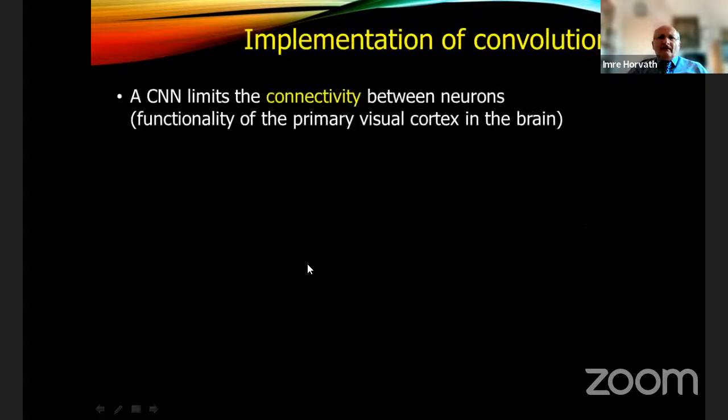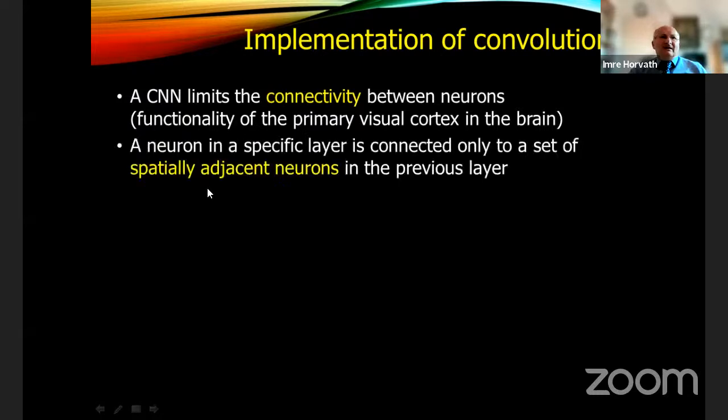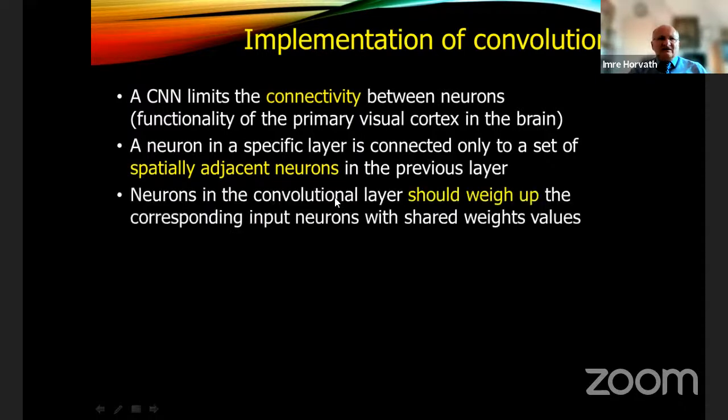Implementation of the convolution needs to define specific connectivity between the neurons, and this connectivity tries to mimic the functionality of the primary visual cortex in the brain. A neuron in a specific layer is connected only to a set of spatially adjacent neurons in the previous layer.